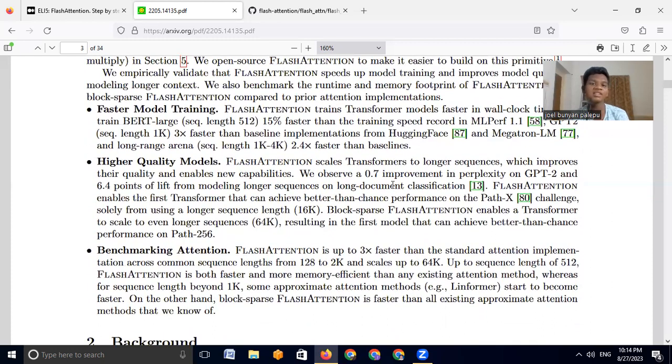So flash attention scales transformers to longer sequences, which improves quality and enables new capabilities. Of course, because we are dividing the input into blocks and performing the attention for each block, longer sequences can be handled. Enabling the first transformer that can achieve better than chance performance on the PathX challenge and all that.